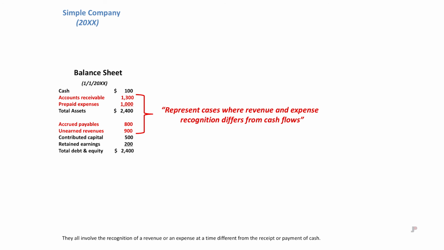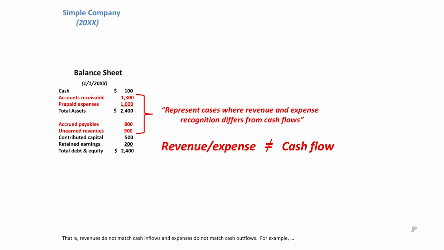Accounts receivable, prepaid expenses, accrued payables, and unearned revenues. All four have one very important thing in common. They all involve the recognition of a revenue or an expense at a time different from the receipt or payment of cash. That is, revenues do not match cash inflows and expenses do not match cash outflows.